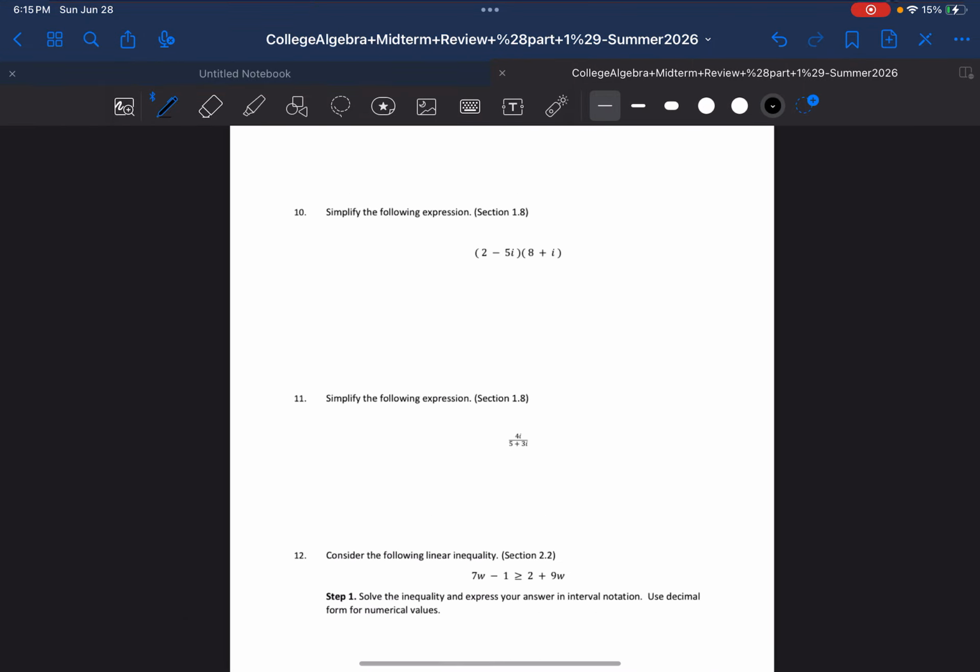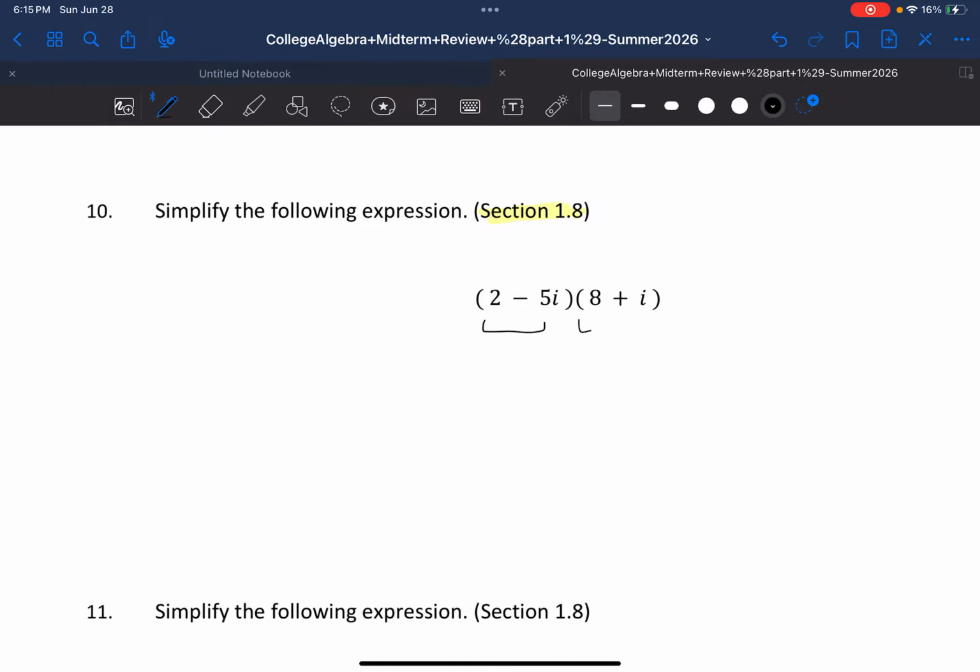Okay, number 10, still in section 1.8 here. Now we're going to be multiplying two complex numbers together. And because the complex number is made up of two terms, this is a binomial times a binomial, so we're going to FOIL to multiply this. FOIL stands for first, outer, inner, last, when you multiply two binomials.